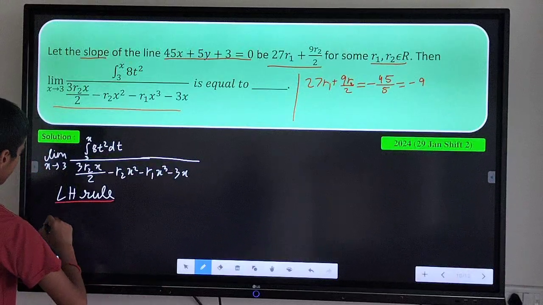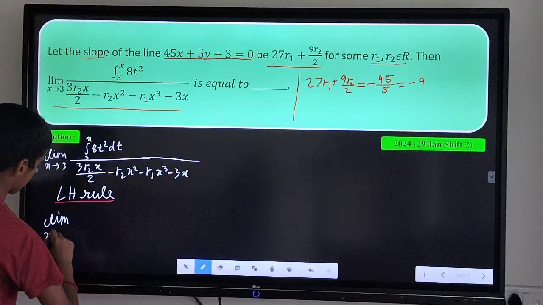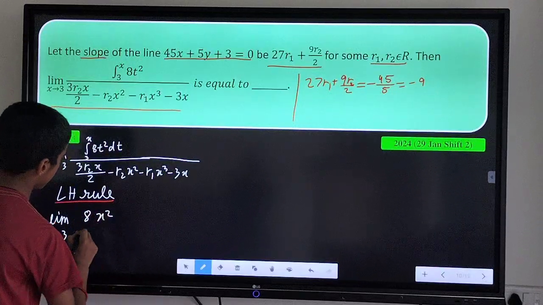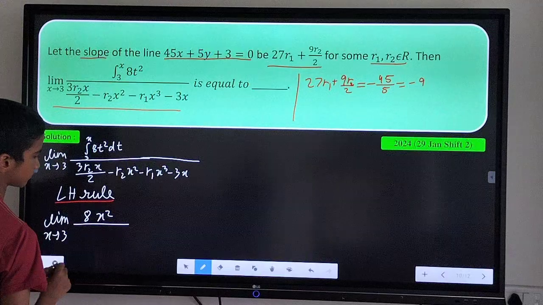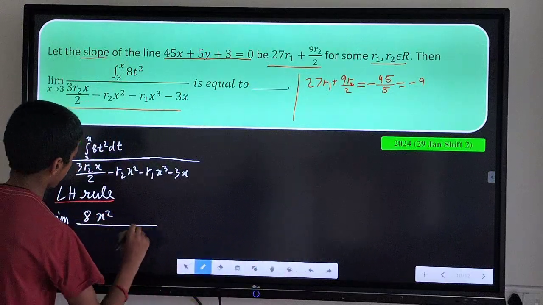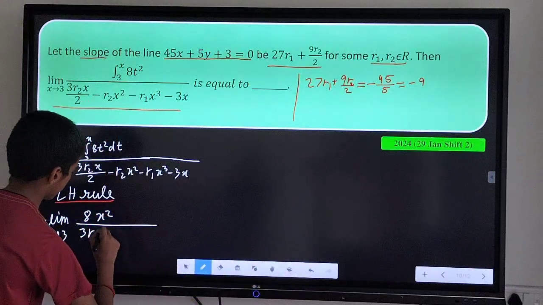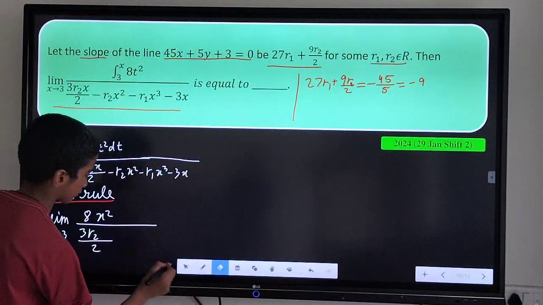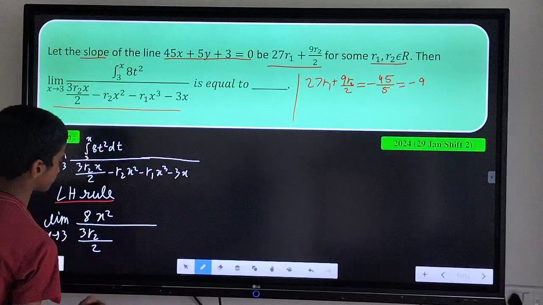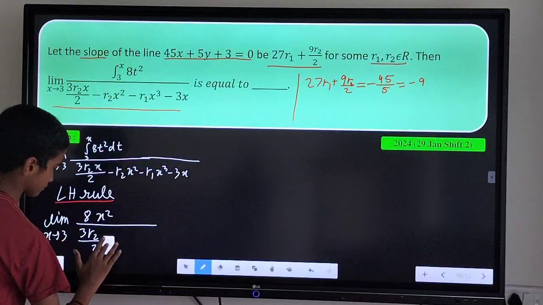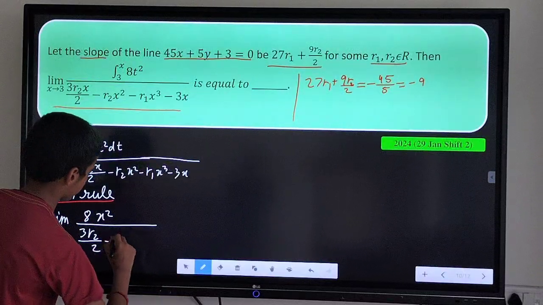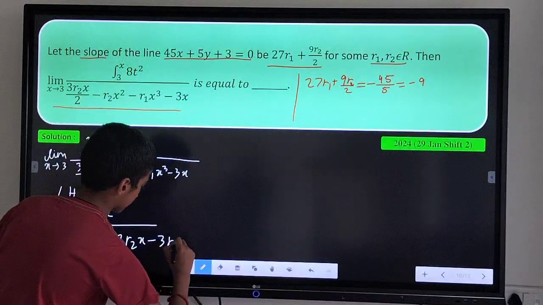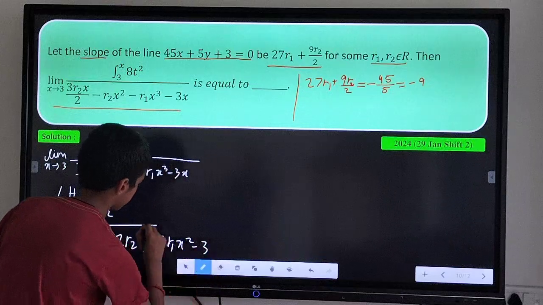So we will get limit x tends to 3, 8x square divided by 3r2 upon 2, 3r2 minus of 2 times r2x minus 3 times r1x square minus 3.